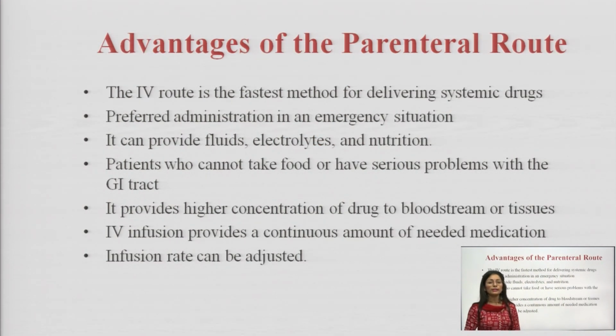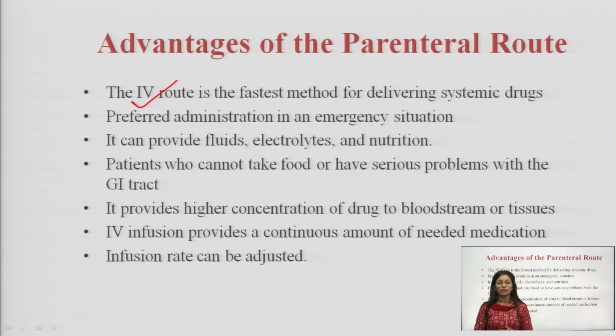What are the advantages of parenteral products? There are lots of advantages. As I told you, parenteral products are intended to be administered in systemic circulation, meaning inside the bloodstream. Moving on to the first advantage, the IV route is the fastest method for delivering systemic drugs. Why is it called the fastest route?